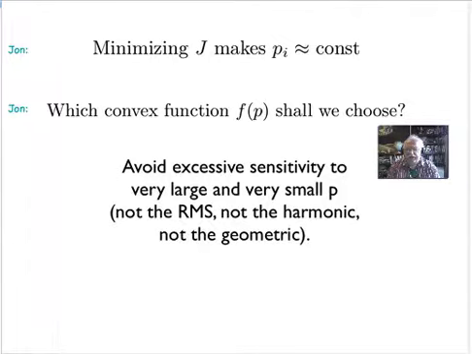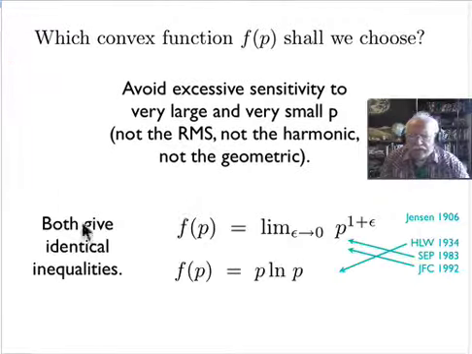So we have to find a function which is not excessively sensitive. Seems like the log would be the right thing, but then you have the problem of log of 0. We could easily have a bin with nothing in it, and then we'd have the log of 0.